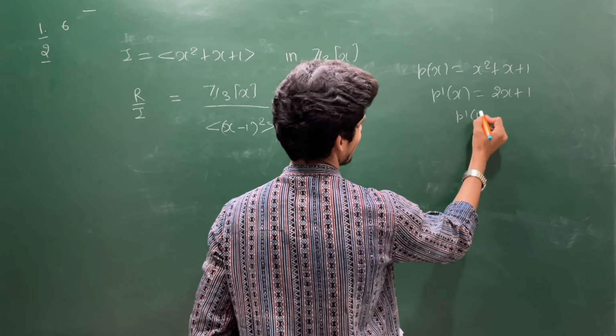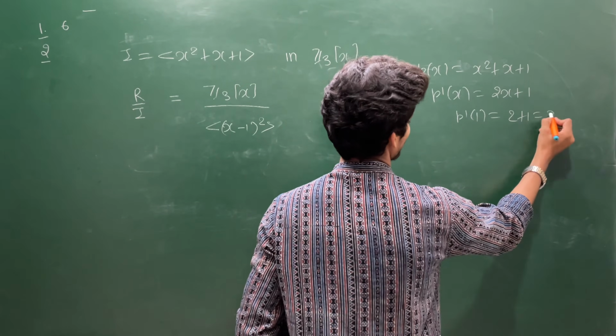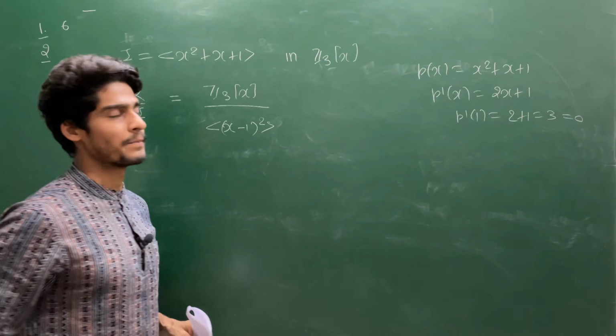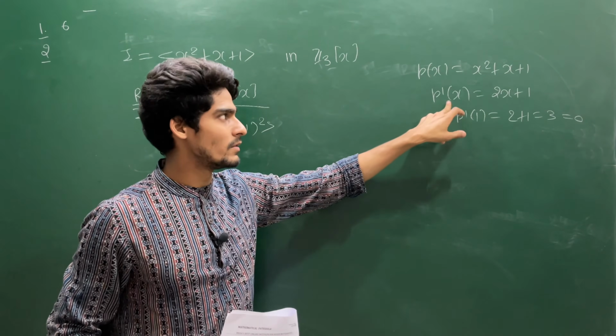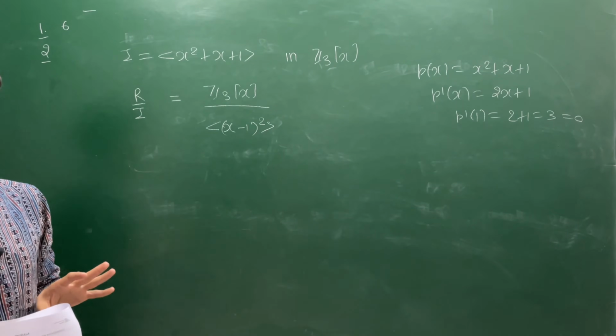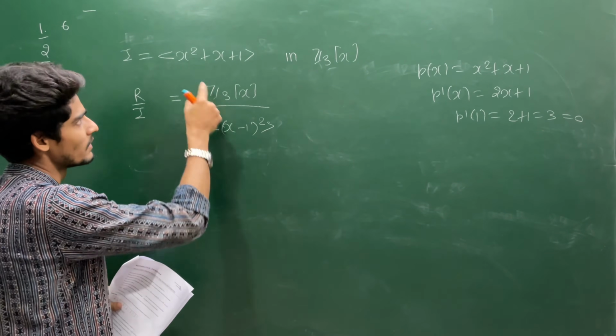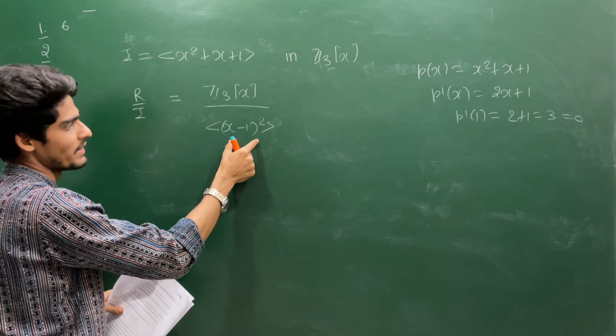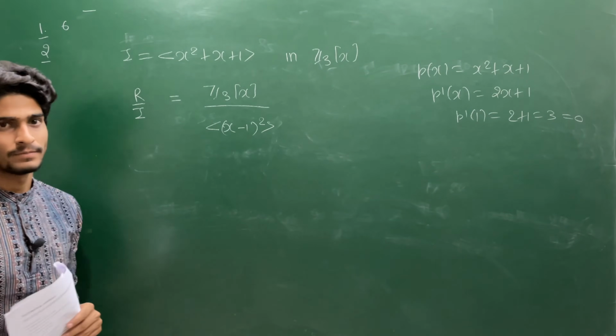If you put 1 again, you will get 2 plus 1, which is 3, which is 0 in Z3. So 1 is a root of its derivative also. That means this 1 is a repeated root. So I can say this x square plus x plus 1 is the same as (x minus 1) whole square in Z3[x].